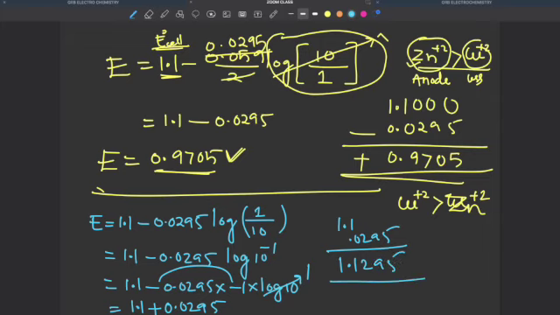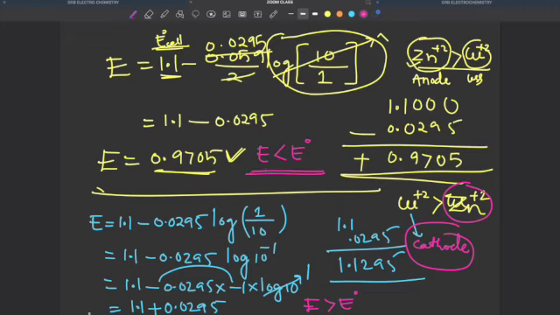See, whose concentration did I keep higher? Copper. Is copper the cathode or the anode? It's the cathode. If the cathode concentration is greater than the anode, E cell is greater than E naught cell. If the anode concentration is greater, E cell is less than E naught cell. You have to see both logics. Hope you understand. Take a note of it.